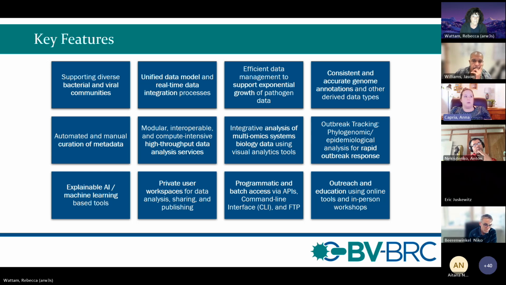We use explainable AI and machine learning based tools to add value to the data as it comes in, similarly with our unified data model real-time integration processes. So we're taking data from publicly available resources and making it more useful for you to do your analysis.